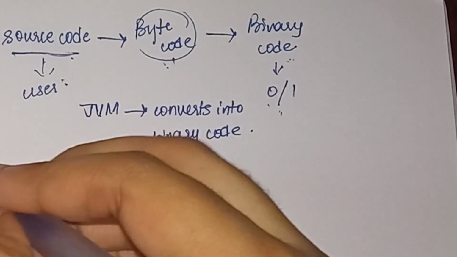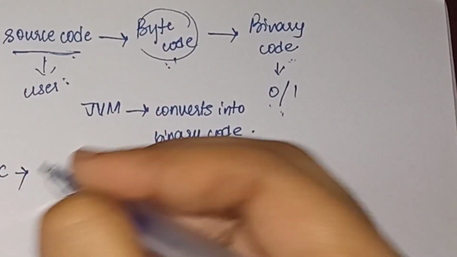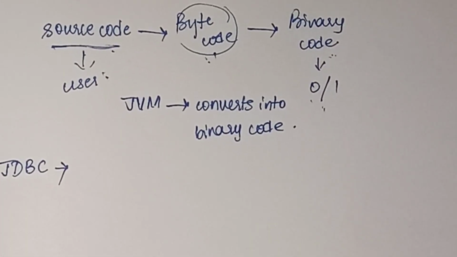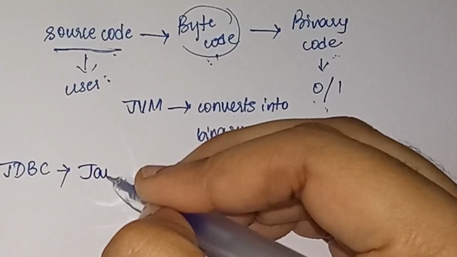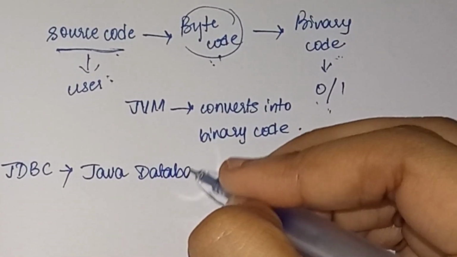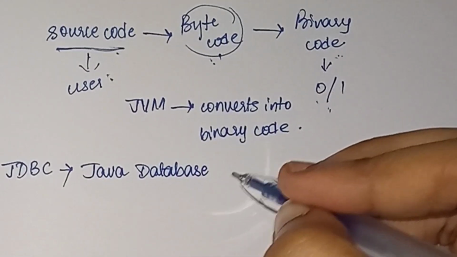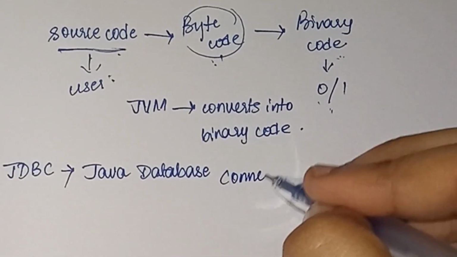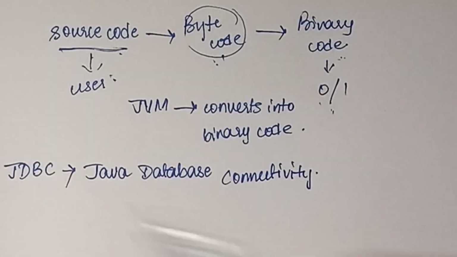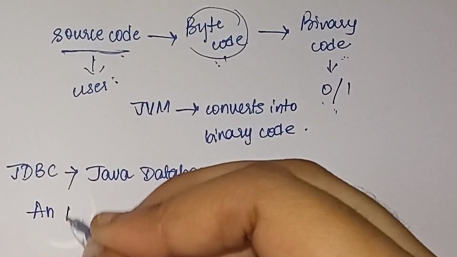Now let's see what is meant by JDBC. JDBC ante ento chuddam. So JDBC means Java Database Connectivity. This is the full form of JDBC. ఈ JDBC అంటే ఏంటి? This is an API.